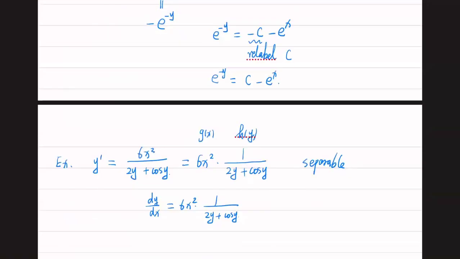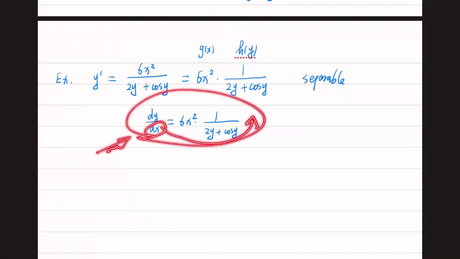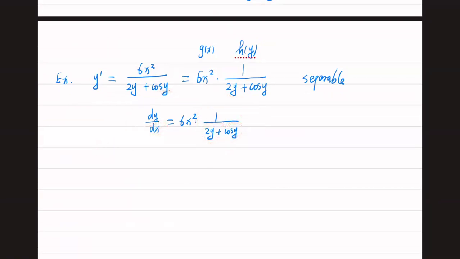So here, how do we separate x and y? You multiply by dx. And what about this part? Then you multiply by 2y cosine y on both sides. Okay, so now we separate.